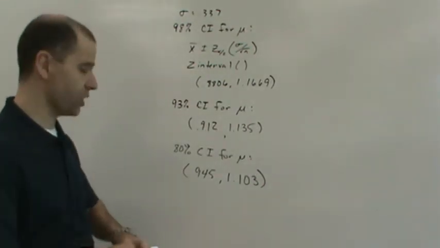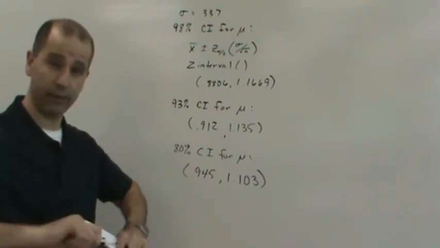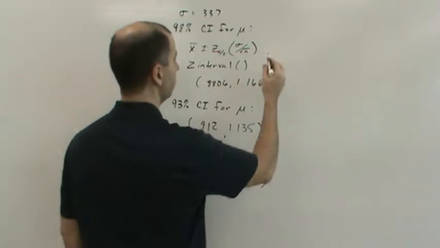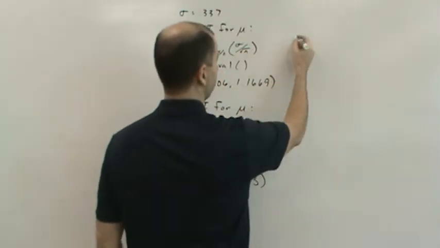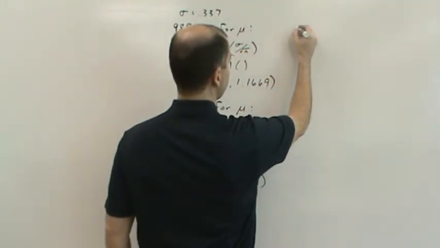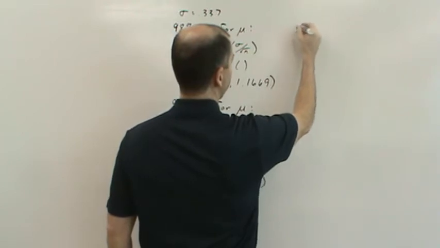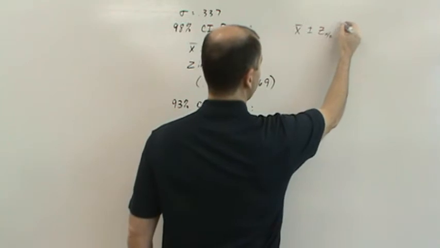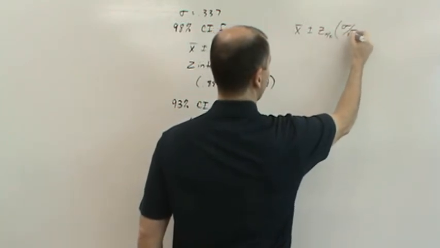And why is that? Well, it should make sense if you remember the anatomy of a confidence interval. Always keep in mind the anatomy of a confidence interval. We have two pieces. The confidence interval is x bar plus or minus z alpha divided by 2 times sigma over the square root of n.